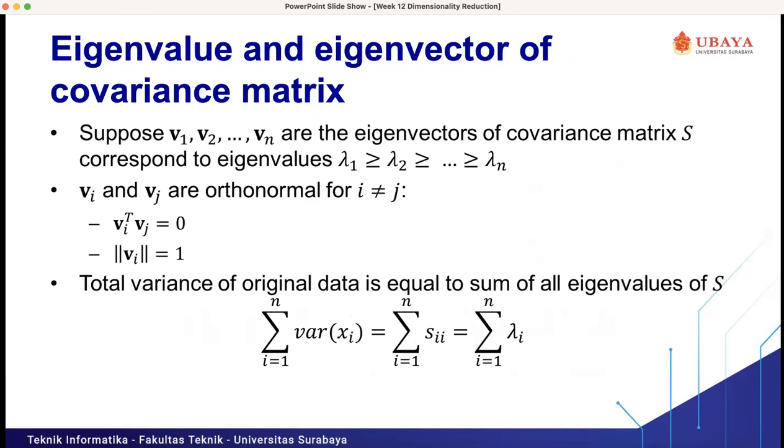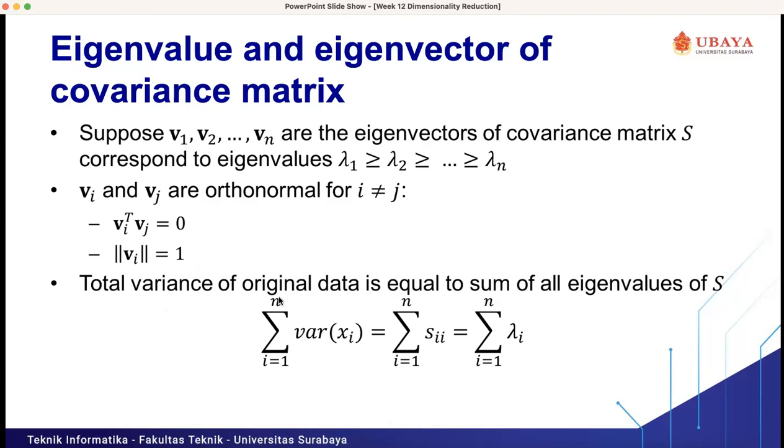And if we normalize the eigenvectors, it will also result in one. So for Vi, if we normalize it using the L2 norm, L2 normalization, if we normalize V1, V2 or Vn, it will result in one.